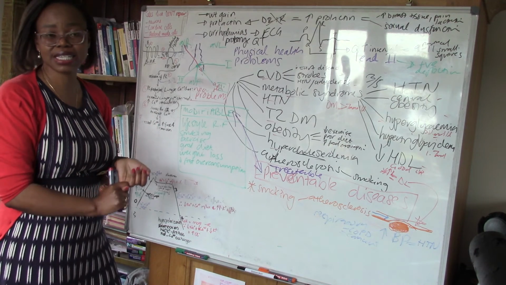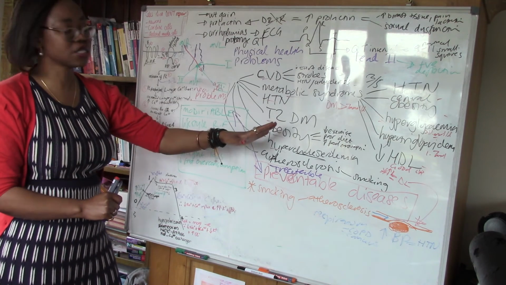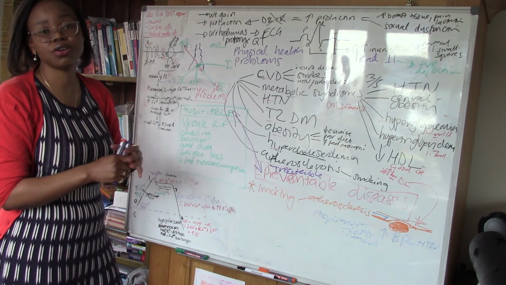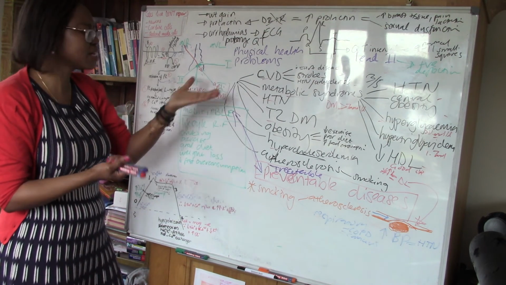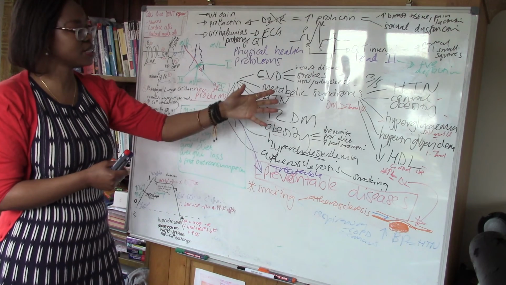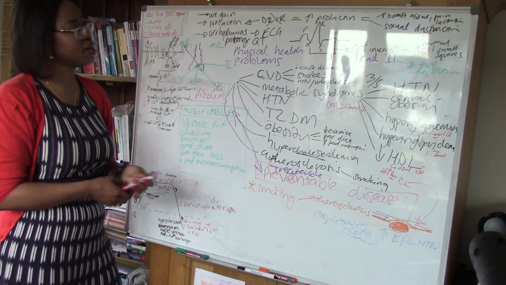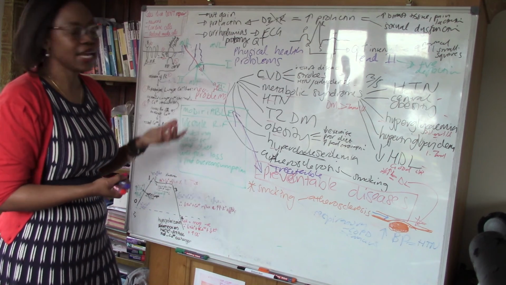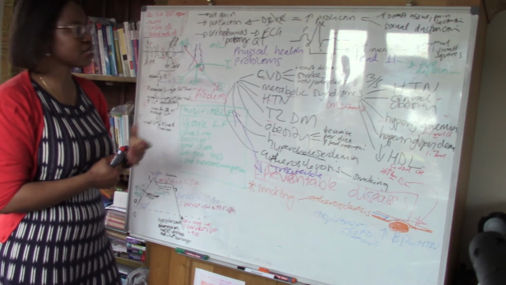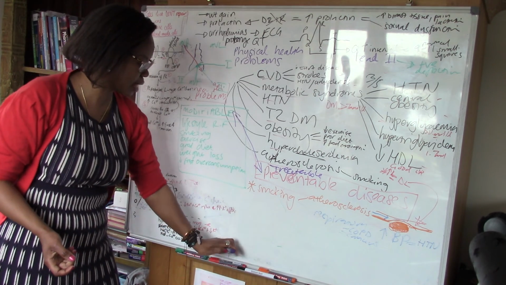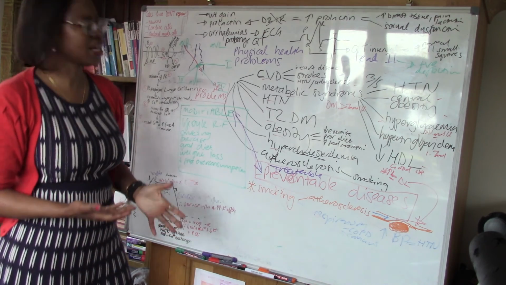So with routine physical checks, all of these diseases can be picked up and treated. And hopefully that will then reduce mortality and ensure that when someone is being treated, they can return to normal life and function. And that's it really.